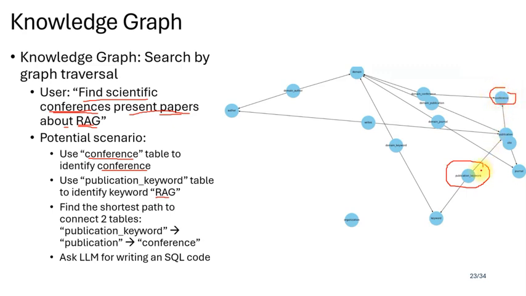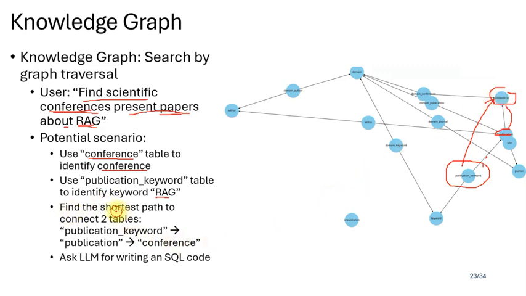See? From here to here, they don't have a direct connection. Publication keyword and conference don't have a direct connection. If we go from publication keyword to conference, you have to pass through publication, then from publication to the conference. This connection can happen via the foreign keys. So how can we do that?